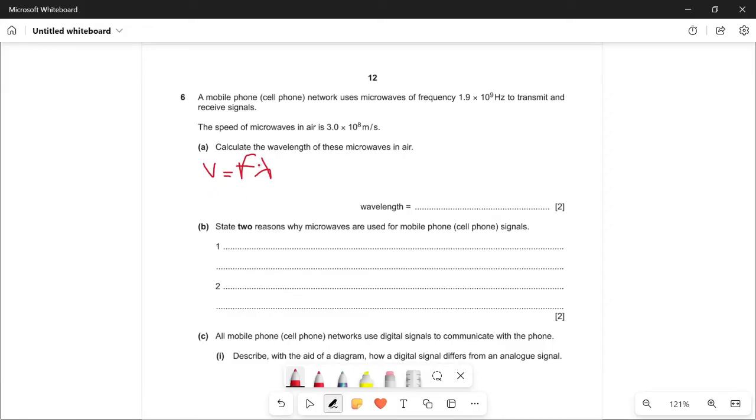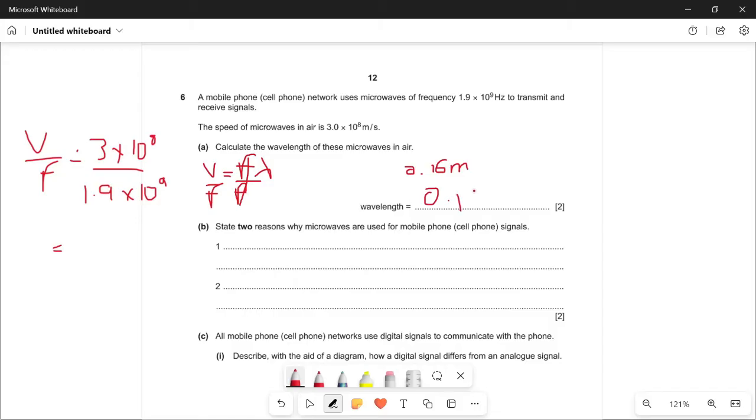So we can rearrange this formula: the wavelength is the speed over frequency. So it's going to be 3 times 10 to the power of 8 over 1.9 times 10 to the power of 9. When we divide this, we are going to get 0.16. So that's going to be our wavelength, 0.16 meters.